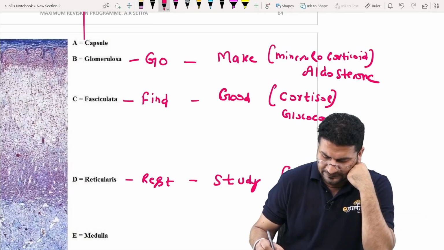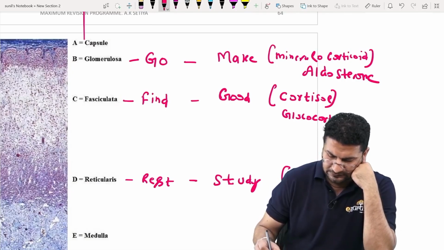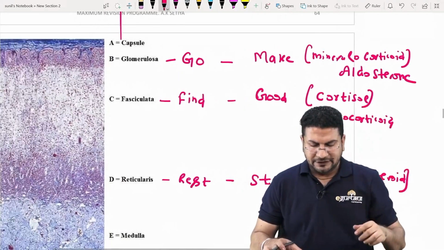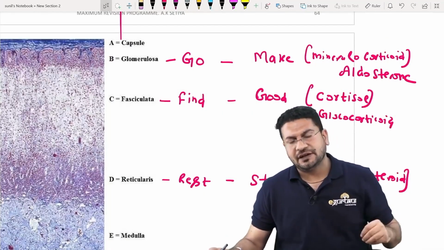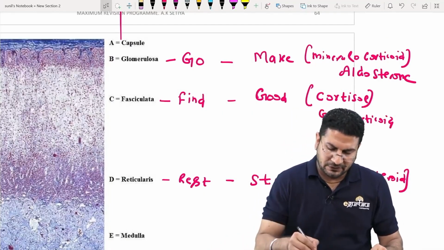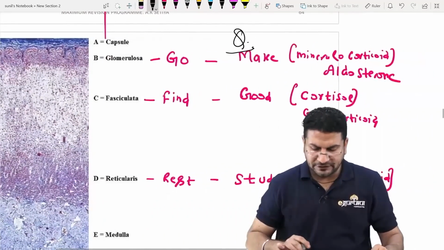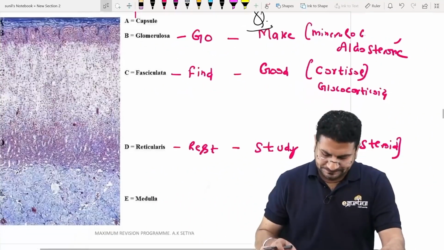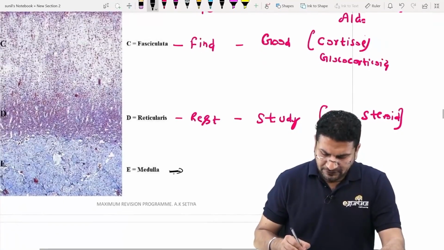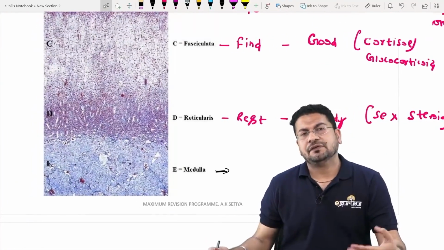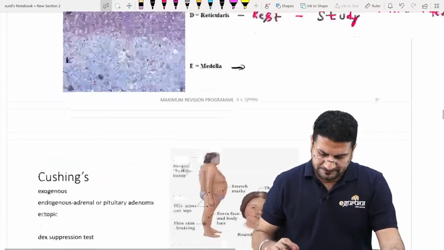So understand this, these are three zones, zona glomerulosa, fasciculata, reticularis, and they release mineralocorticoid, glucocorticoid and sex steroid. Expected question: aldosterone is released from zona glomerulosa. Medulla will release your catecholamines like epinephrine, norepinephrine, dopamine.